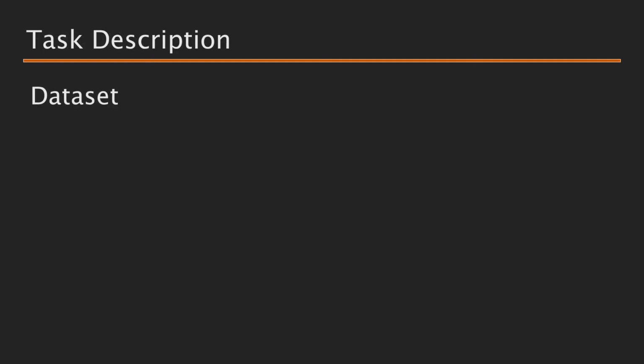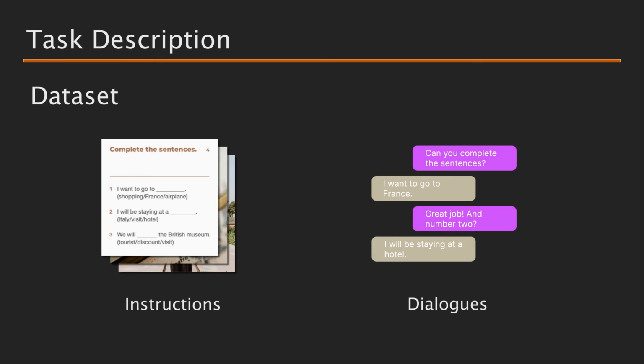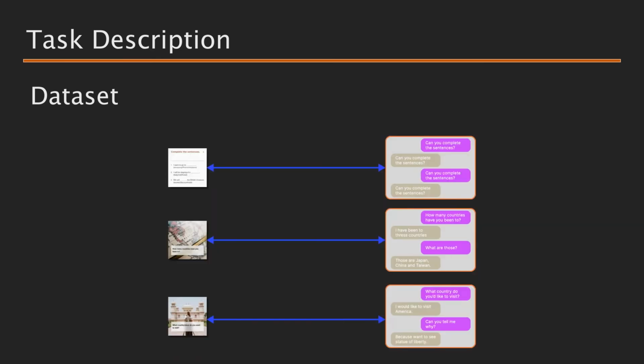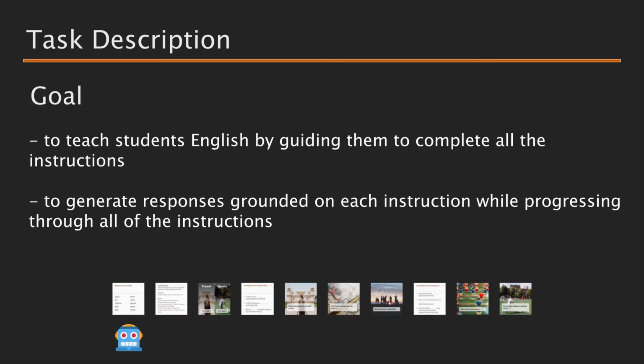Our collected dataset consists of dialogues and instructions. Each turn is annotated with the instruction which is used at the turn. The goal of our agent is to teach students English by guiding them to complete all the instructions.